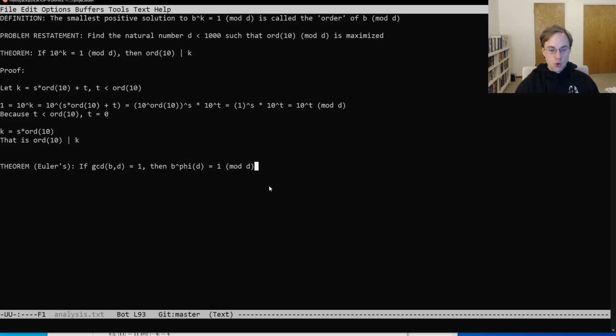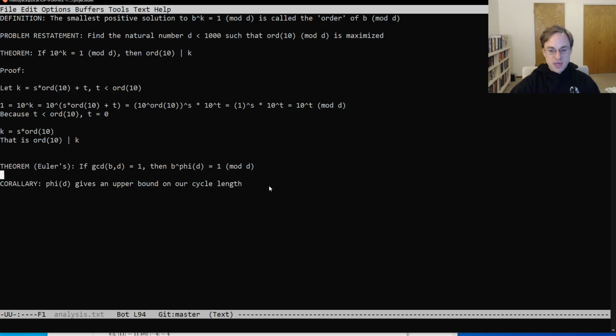Okay, so what is this phi function? What's this theorem saying? Well, this phi function is the Euler totient function, and I'll get to defining that and talking about how to calculate that in just a moment. But even without knowing the details of that, I just want to note a quick corollary, and that is phi of d gives an upper bound on our cycle length.